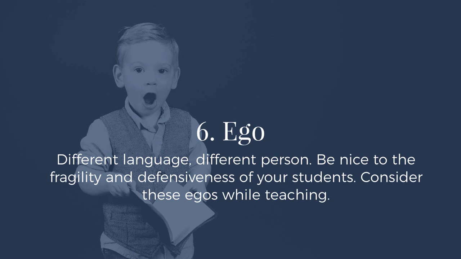So that can be great. It can be positive, but it can also be negative, right? So you need to be nice to the fragility and defensiveness of your students. They are like, oh my god, I'm so confident, I'm so outgoing in my language, and now I'm speaking English and I'm shy, I'm timid, I don't know what to say.